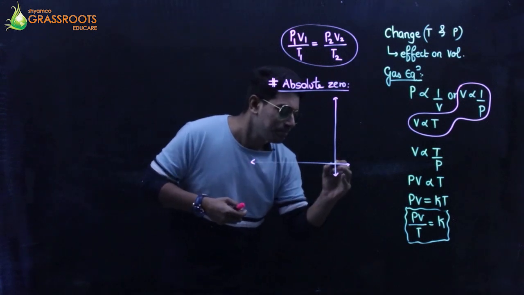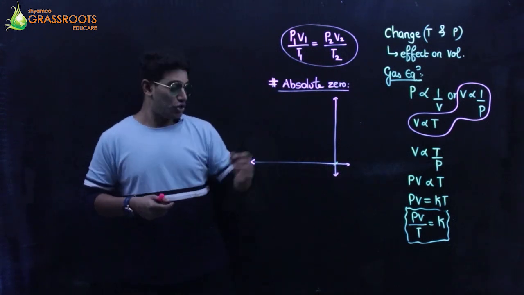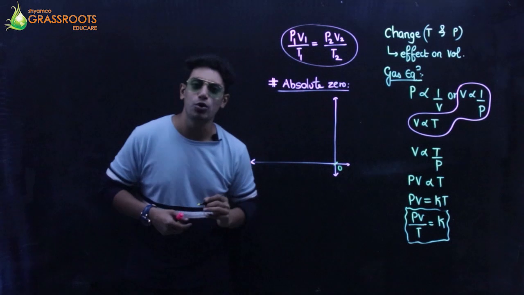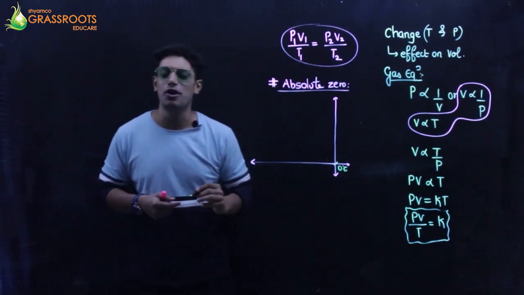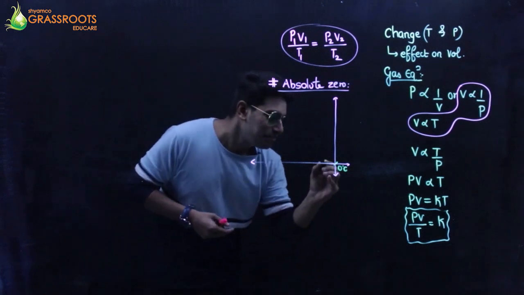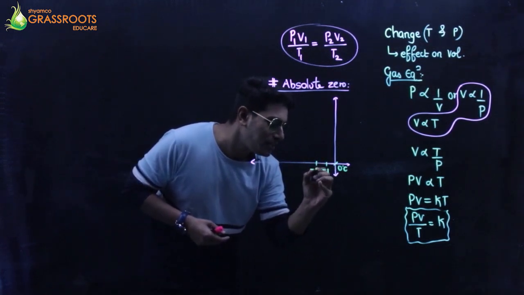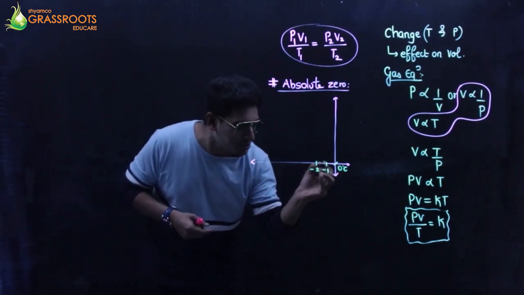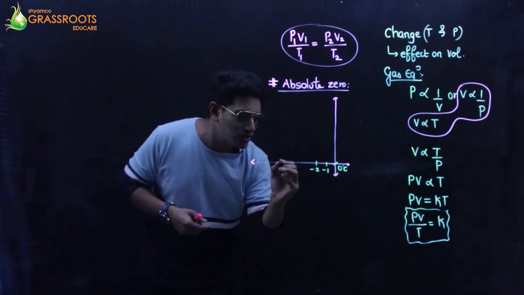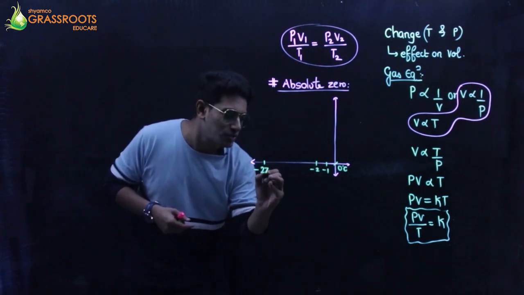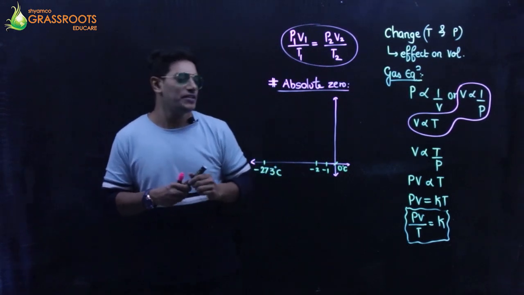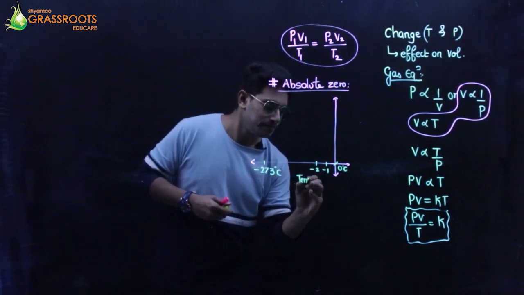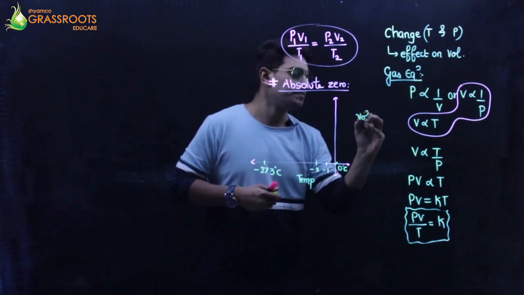So I can say, if you make a graph, this is 0 degrees Celsius, this is minus 1, minus 2. It's a negative x-axis, students, and it goes on up till minus 273 degrees Celsius. This was temperature, and this was volume.